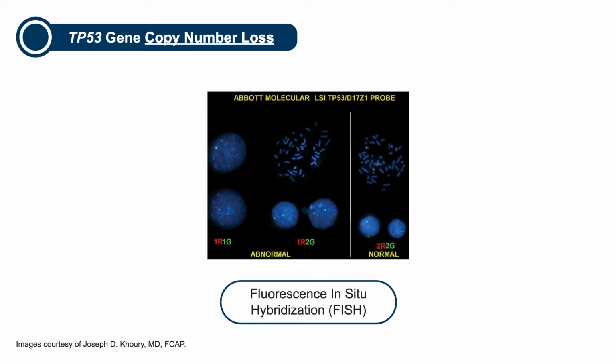Whereas on the far end, you can see intact signals for both P53 in red, as well as the centromeric region of chromosome 17 with a green pseudocolor.